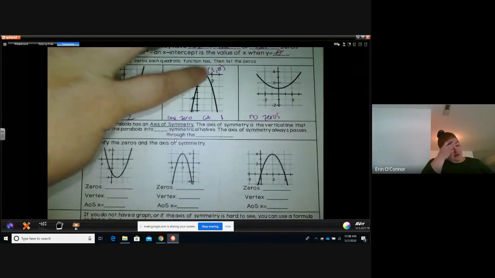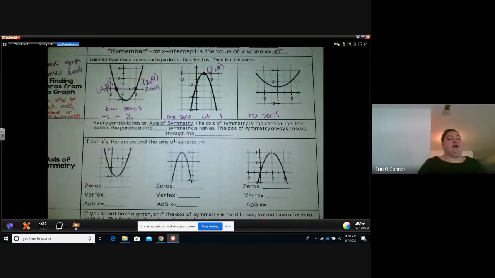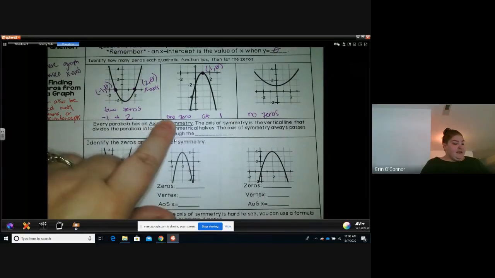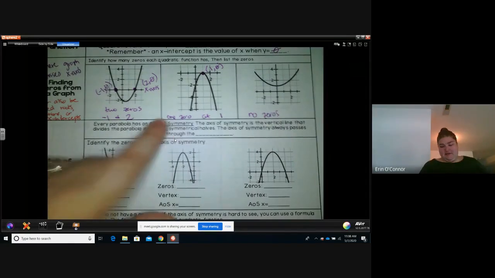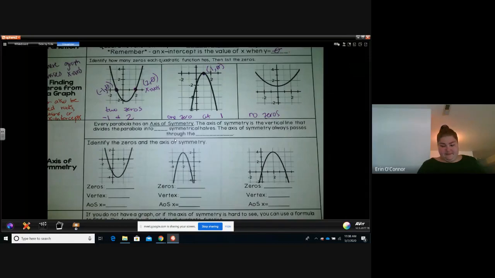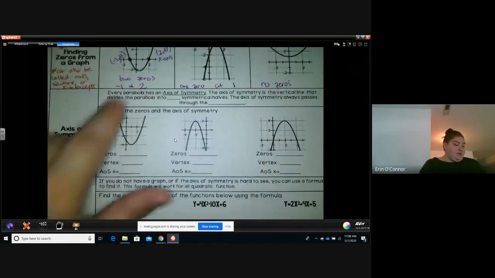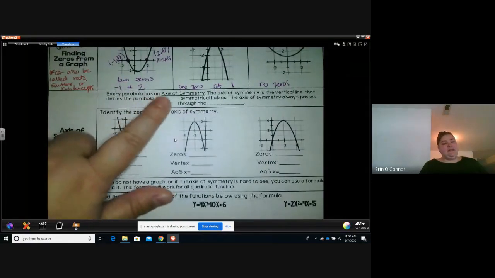What other important point is this point right here besides a 0? It is the vertex. So just a reminder that that is the turning point, so it's also the vertex. So when you have 1, 0, it's not only the zero, it's the vertex. That's the only time that happens. Every parabola has an axis of symmetry.